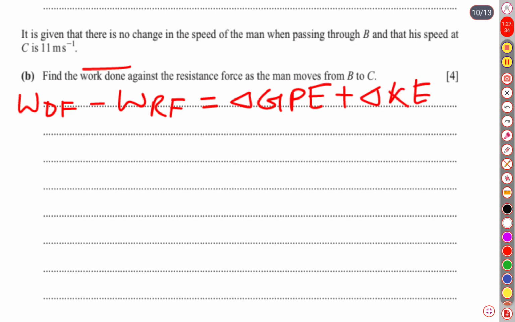There is no driving force at all, hence work done by driving force is 0, because the man was sliding himself, no external force is moving him downward, minus work done by resistance force. Work done against the resistance force is to be obtained, so let it remain unchanged.